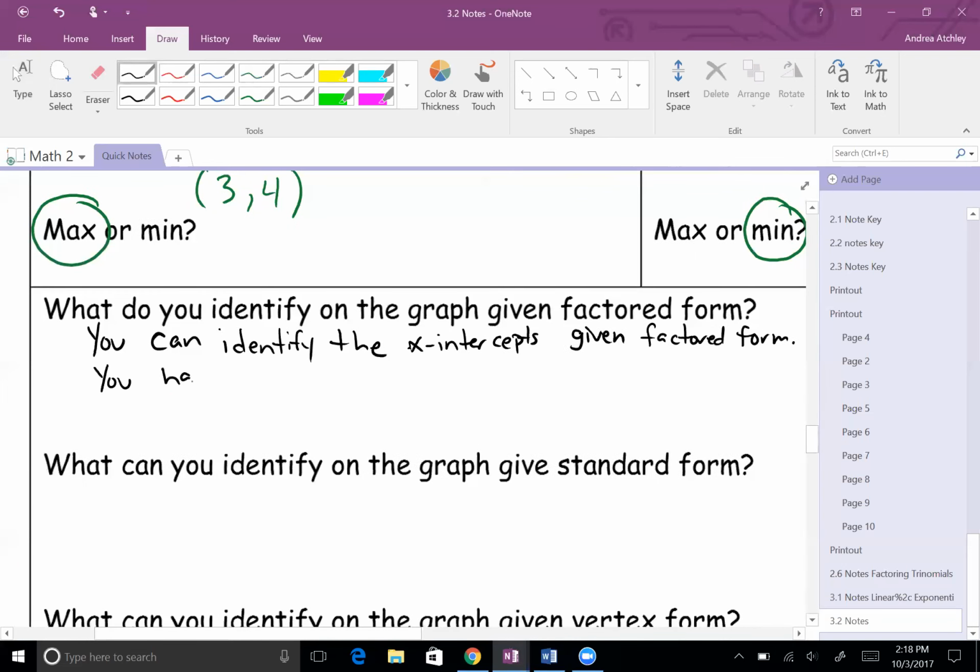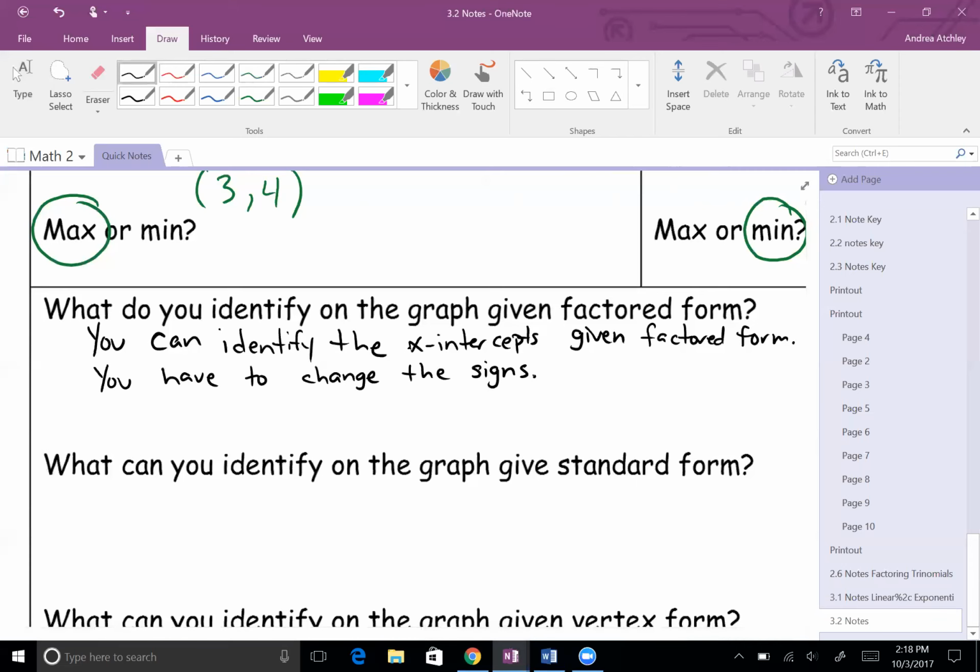You have to, though, change their signs. Any questions over that? So in factored form, you can clearly identify the x-intercepts just by seeing what numbers are being added or subtracted to the x and then changing their sign. Any questions over that?